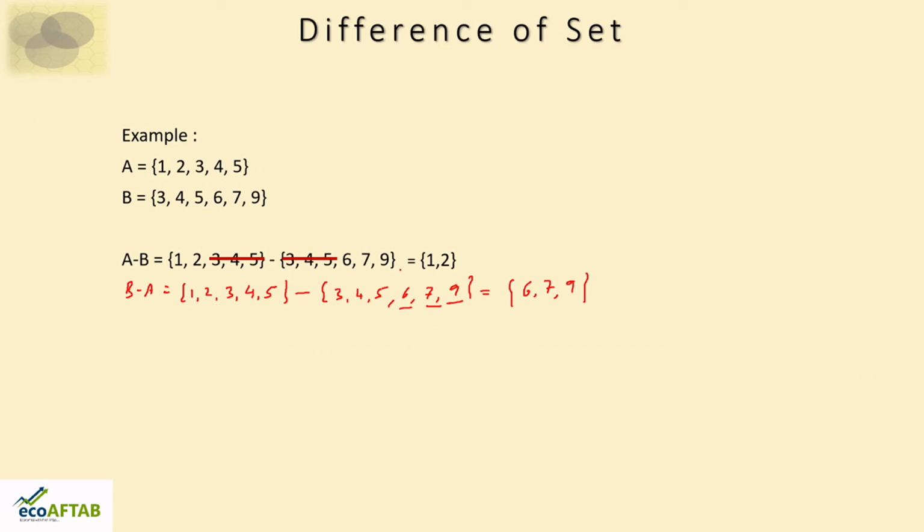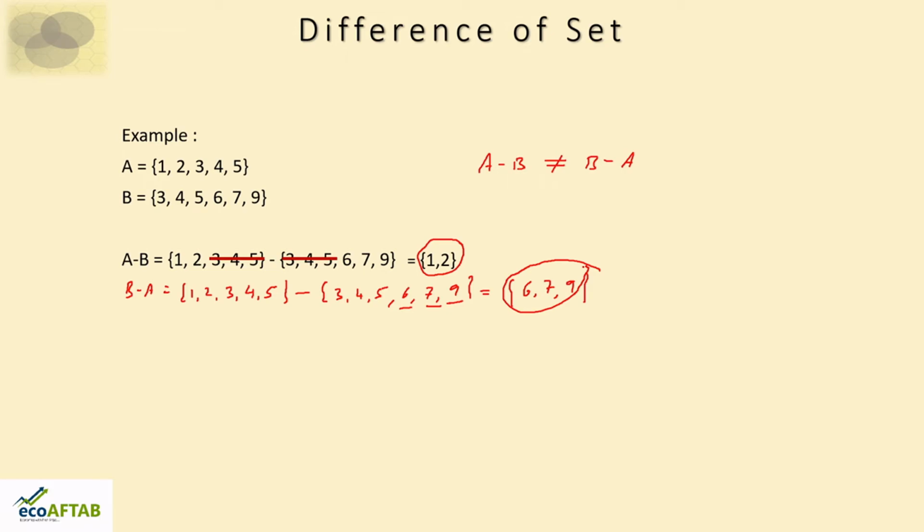So what we understood by this example is that A minus B is never equal to B minus A, because A minus B we got 1, 2, but B minus A we got 6, 7, 9. This particular point you have to remember.